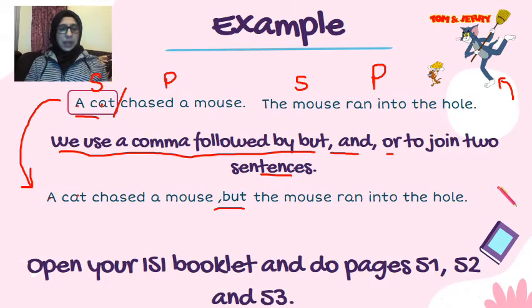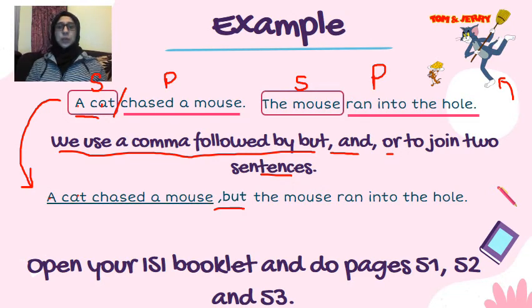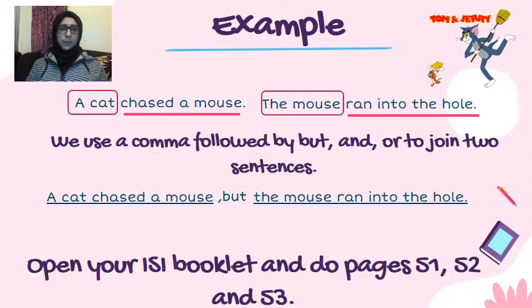So here I have a subject and a predicate, and in the second sentence I have another subject, another predicate, and then I join them together with the conjunction but.